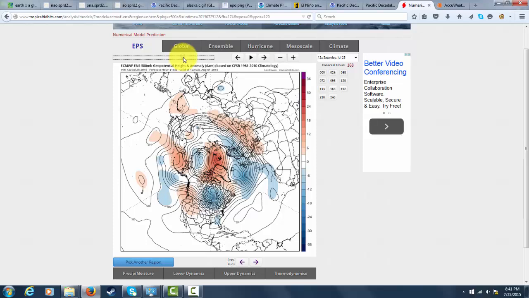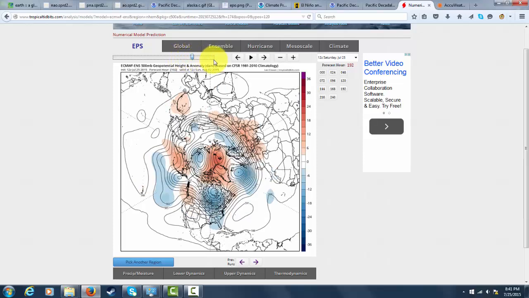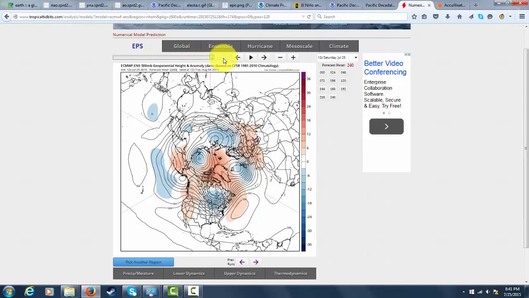Now just a quick cross check with the European ensemble. The European ensemble actually shows an even stronger trough in the east and a bigger ridge in the west. Now, with the current teleconnections, the GFS has a positive NAO bias, while the European ECMWF has a positive PNA bias. These biases determine which model you would want to choose more.